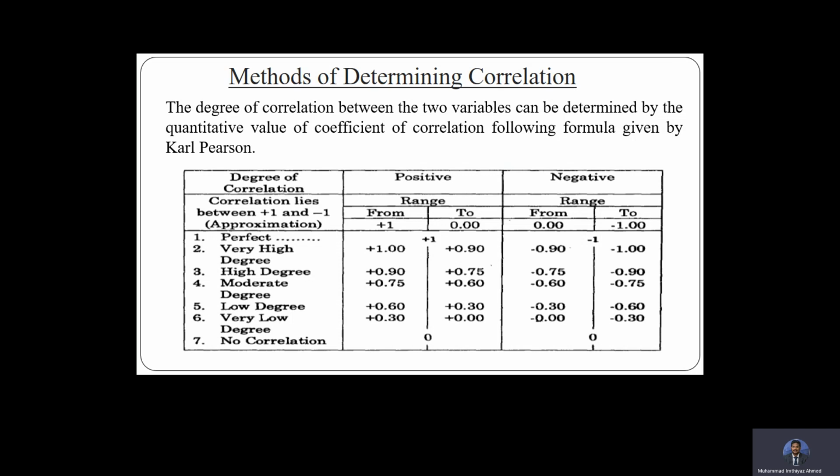Positive, negative. Now when you use this formula, if the results are coming in +1 or +0.90, this is said to be very high degree. It means very, very good.